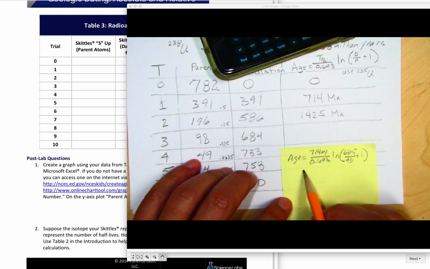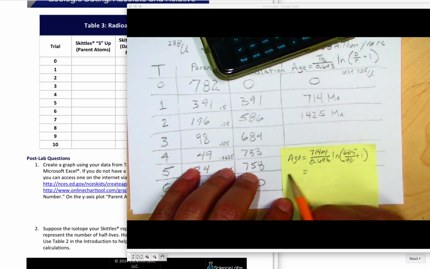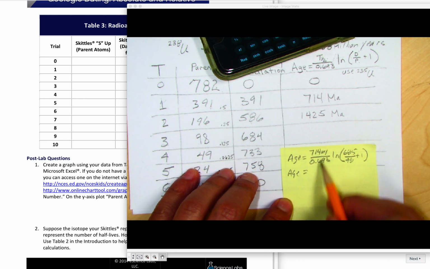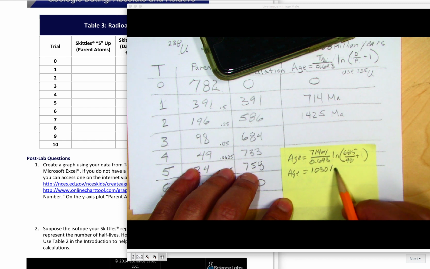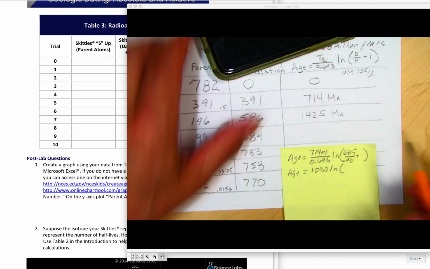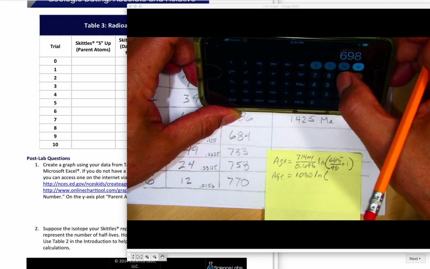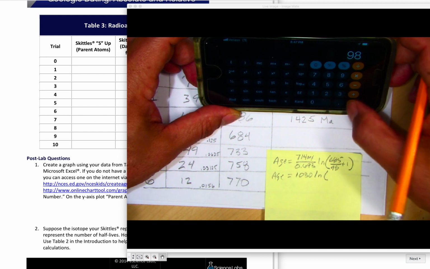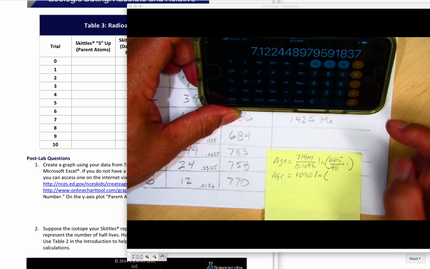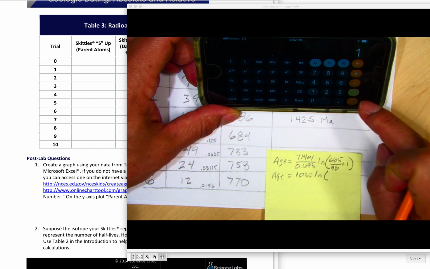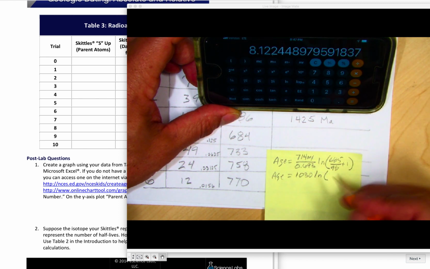When I do this, this comes out to the age. If I do the division here, this is going to be 1030. Then I'm going to have the natural log of 698 divided by 98. That gives me 7.122. Now I add the 1, because I have to add the 1. So that gives me about 8.122.